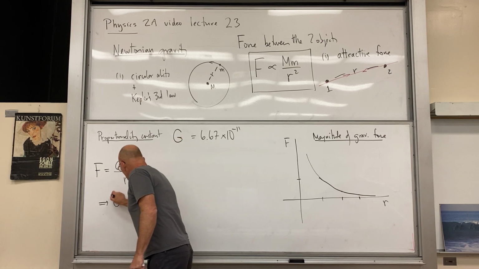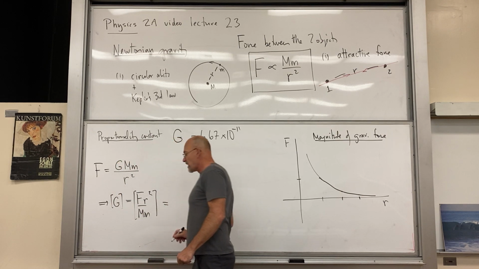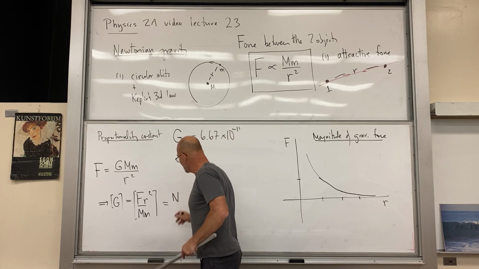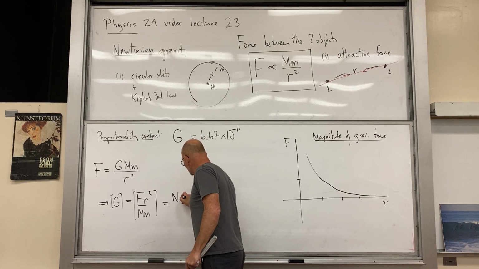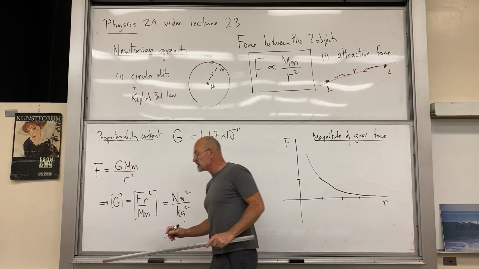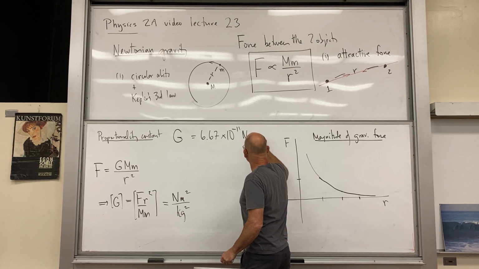And then we take the units. Okay. Make sure you know how to do this. So what do we have here? Units of force is the Newton, length meters squared, mass and another mass kilogram squared. So those are the units here. Newton meters squared per kilogram squared.